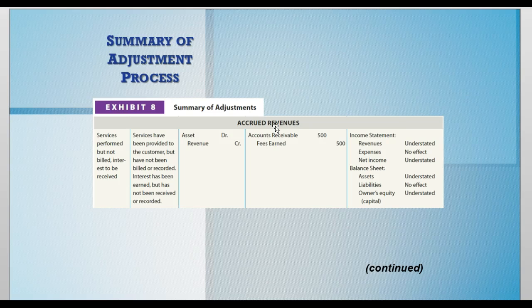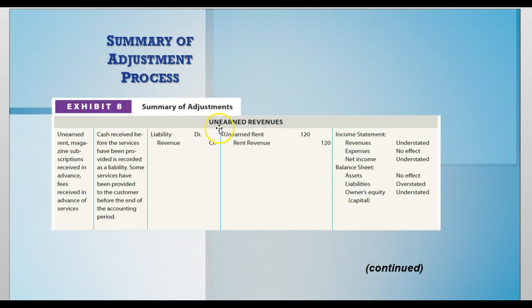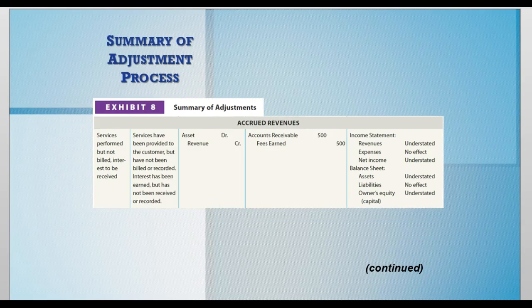We haven't recorded this anywhere other than by an agreement. So in this case, these are accrued revenues that have not been recorded anywhere and no money has been received for them. The difference between the unearned revenues and the accrued revenues.